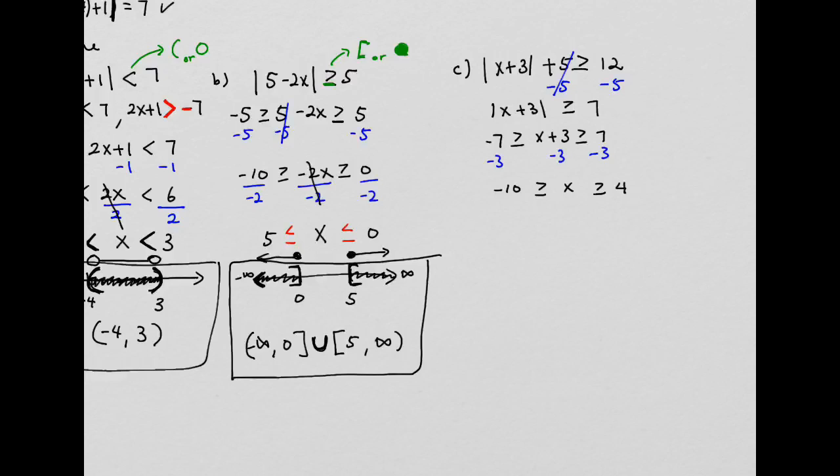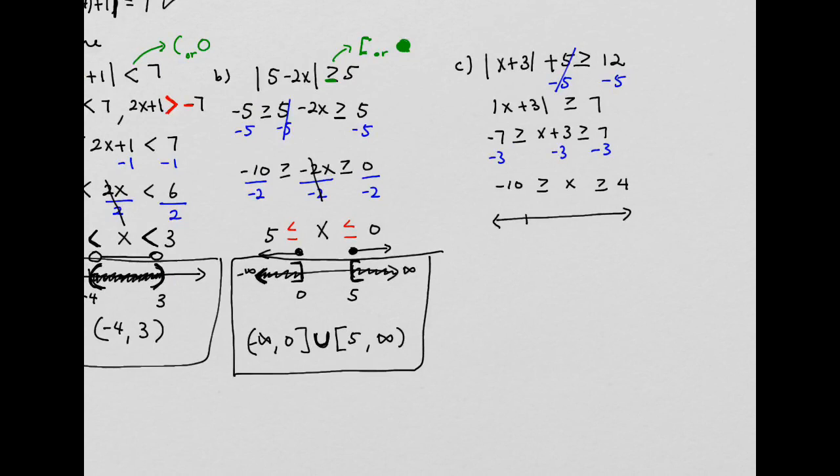That's positive 4. And when we're graphing it, smaller number on the left side, that's negative 10, is smaller than positive 4. Positive 4 on the right side. And if we read from the middle, it says x is less than or equal to negative 10, x is greater than or equal to 4.